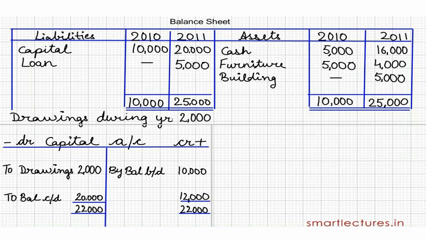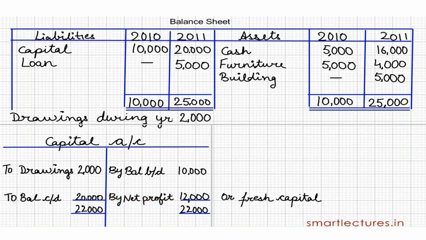Now the thing is, what can this item be, this 12,000? Naturally, there is only one possibility, and that is net profit. It can be fresh capital, but if you put it as fresh capital, it means there is no net profit during the year for the firm. It never happens. Either there should be some profit or loss. It must be net profit.